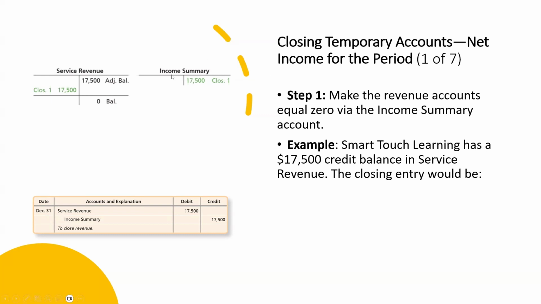So here you see the income summary, and here you see the accounts, service revenue, debit of $17,500, and then the income summary, $17,500. You're closing the revenue account.